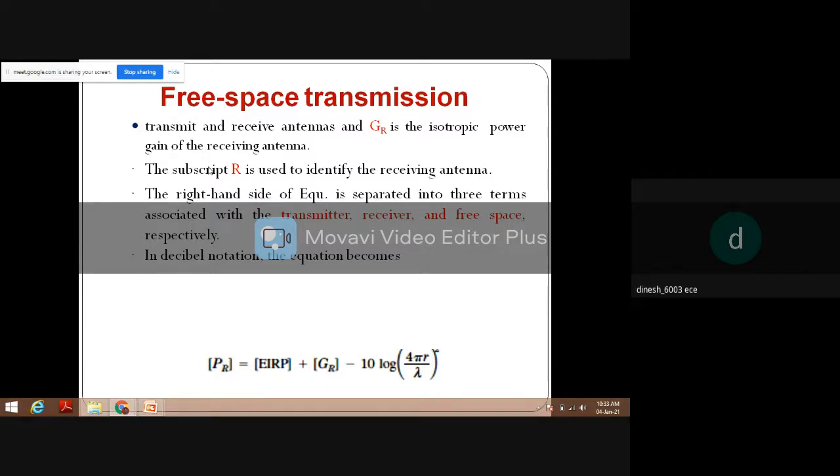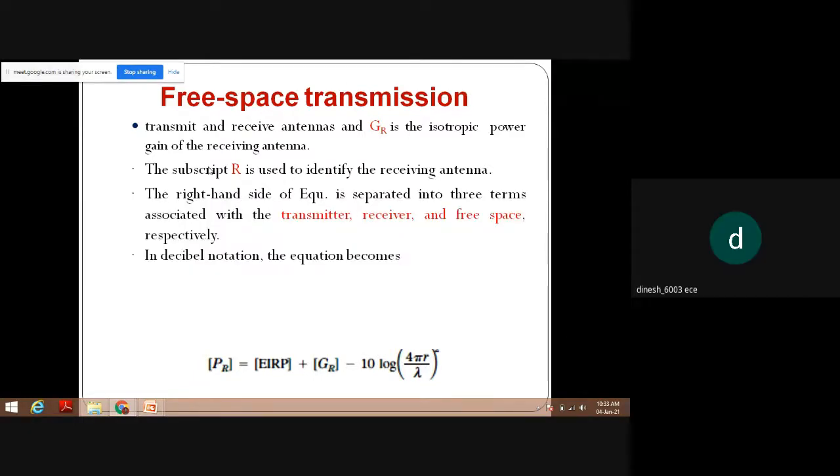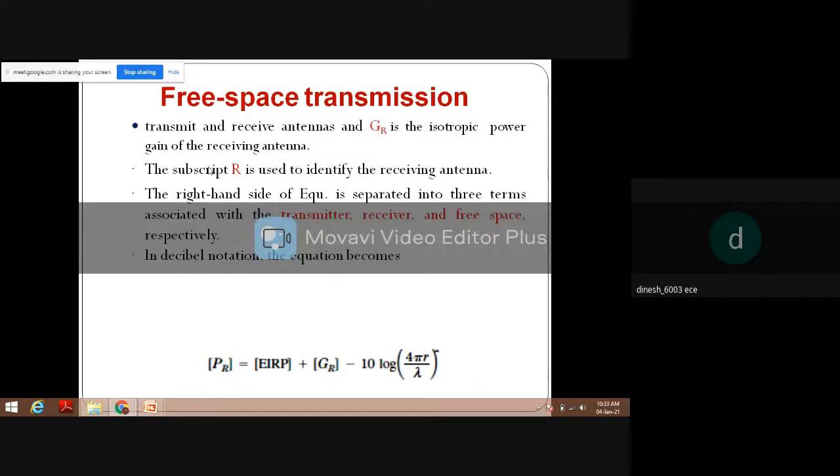The EIRP is your transmitter, GR is your receiver, and minus 10 log (4 pi r divided by lambda) the whole square is your free space transmission loss.